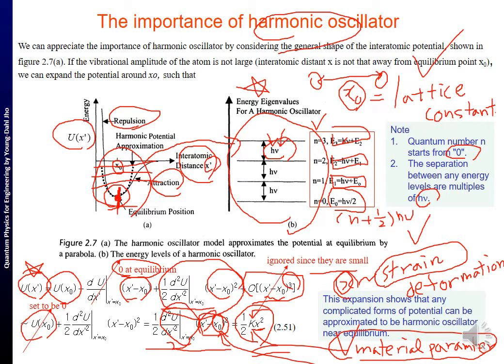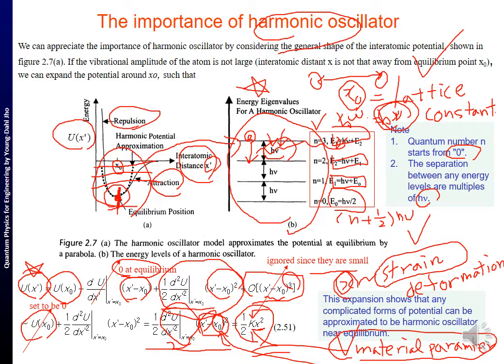So if the carrier is in the excited state and goes down to a lower energy state, it will emit the light h bar omega or h nu. So that's why the emitted light is related with the discrete energy. Okay.